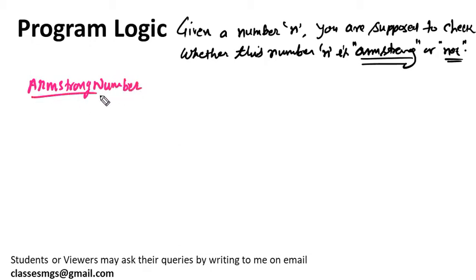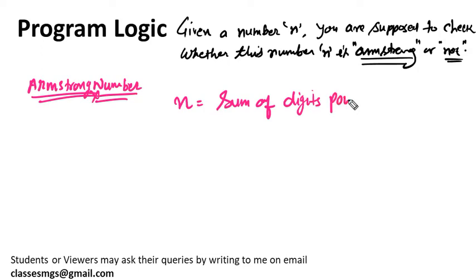So first I am going to tell you what an Armstrong number is. An Armstrong number n is a special number that is equal to the sum of its digits, each raised to the power of the number of digits of that particular number.